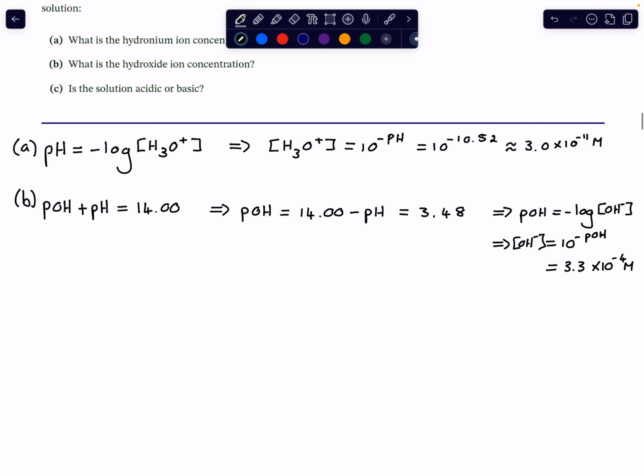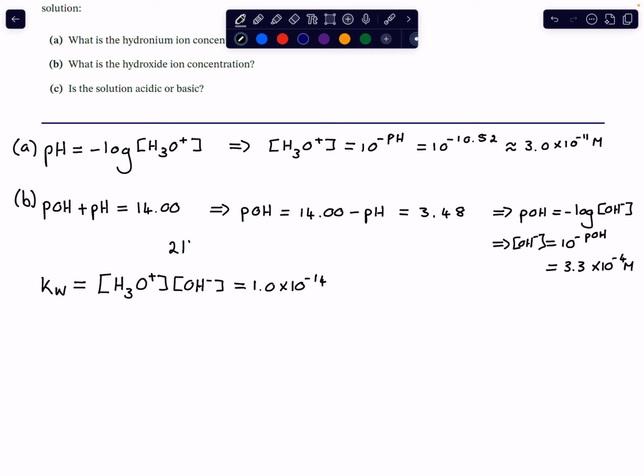Alright, another way that you could have done it is you could have recalled that the autoionization constant of water is equal to the product of hydronium multiplied by OH minus, right? And that is equal to 1.0 times 10 to the negative 14.